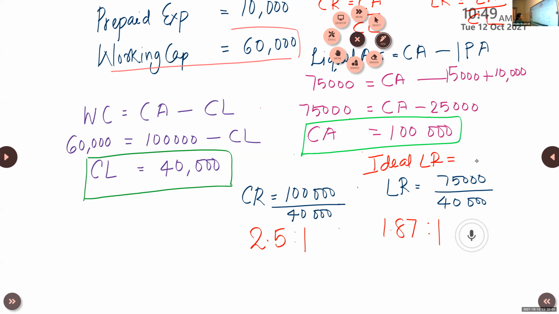So current ratio is a good one, 2.5:1. And LR is a little problem, 1.87:1. It is not that good, slightly risky.